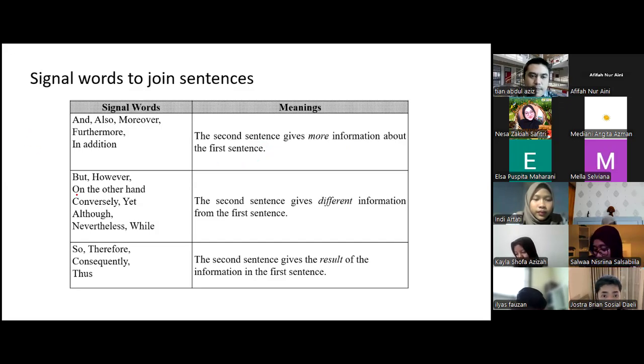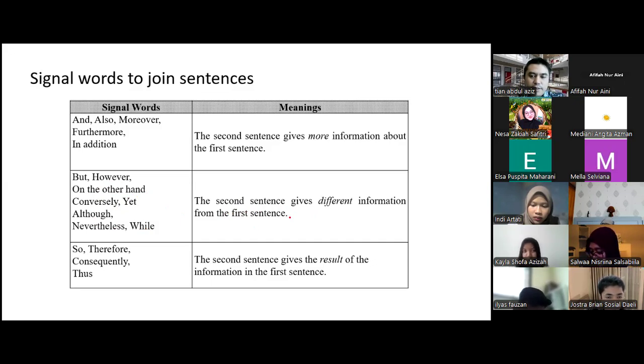The second row has signal words such as but, however, on the other hand, conversely, yet, although, nevertheless, while. They are used if the second sentence gives different information from the first sentence.